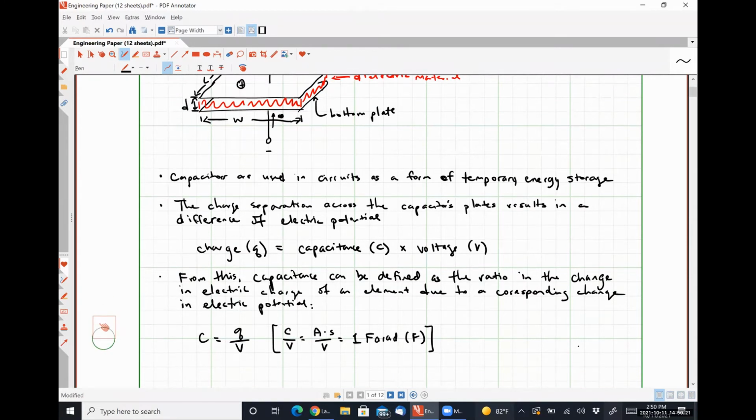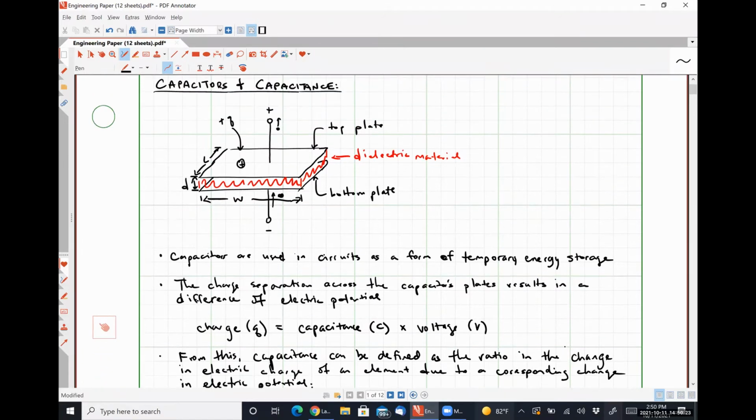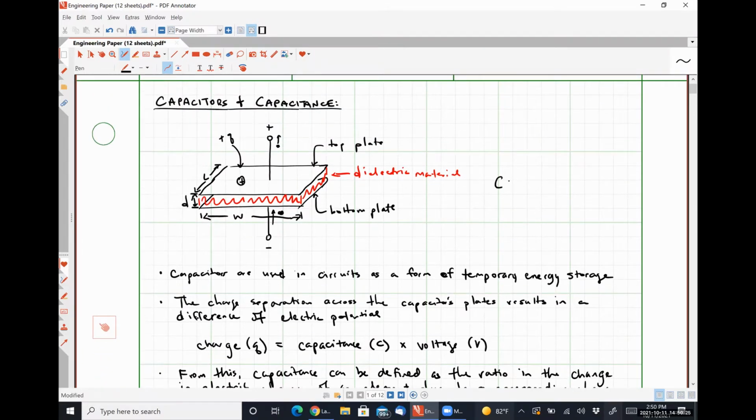So for our parallel plate capacitor up here, we could say that this capacitance C is equal to epsilon W times L over D, where W, L, and D are geometric quantities relating to the size of the capacitor. So W and L gives us the area of the plates. D is the physical separation between the 2 plates.